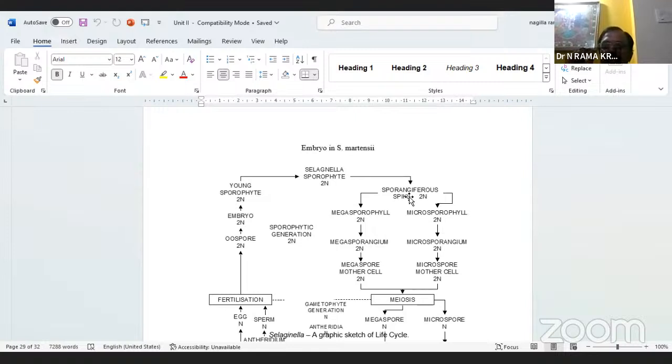What is the meaning of telome theory? We look at how leaves develop and what type of modifications occur in the leaves and the stem, all in the sporophytic plant body. Studying all these things, we call it the telome theory.